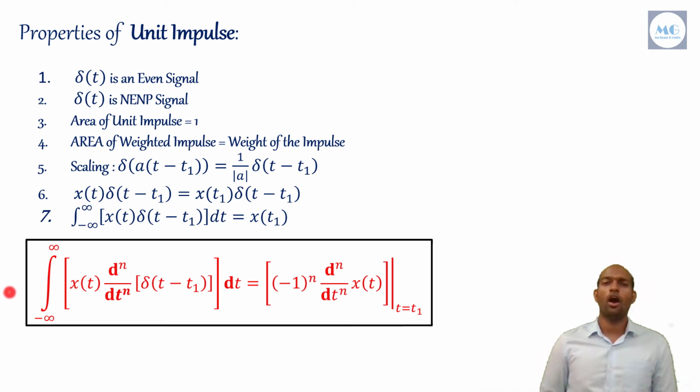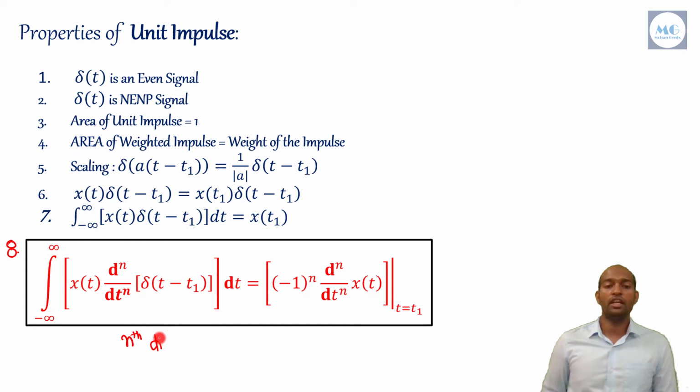So our formula, or the 8th property, is: the integration from minus infinity to plus infinity of x(t) times the nth derivative of delta(t minus t1), with respect to t. What is the meaning of this? This is the nth differentiation.